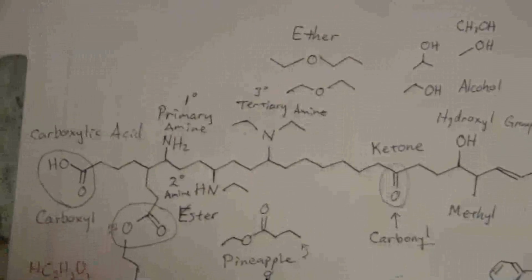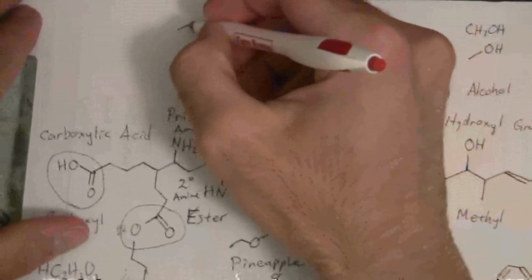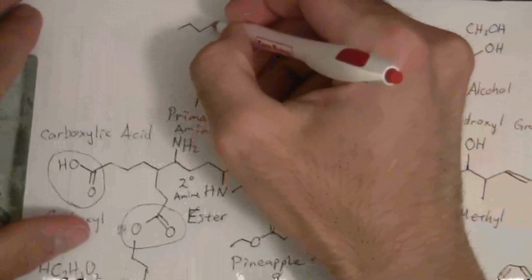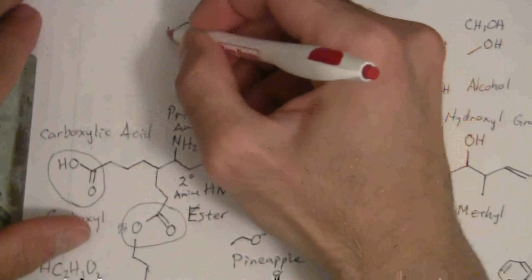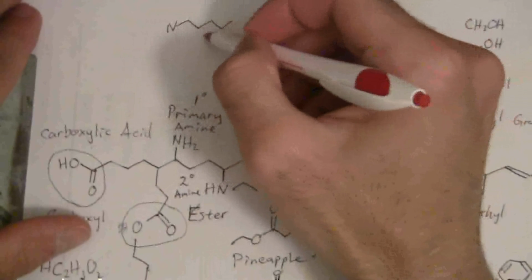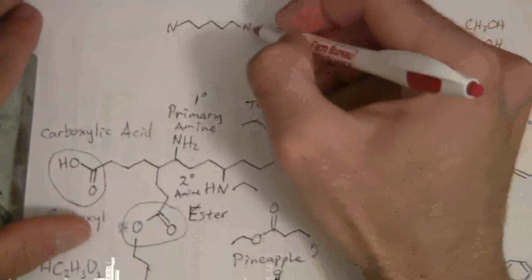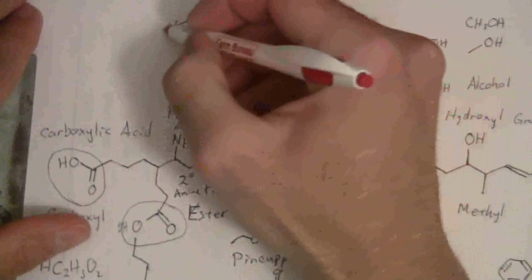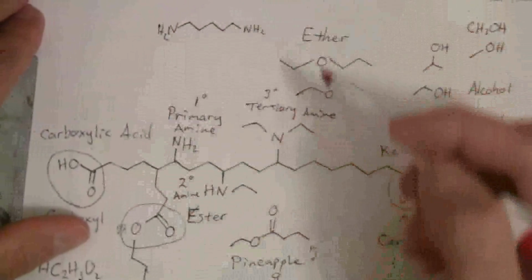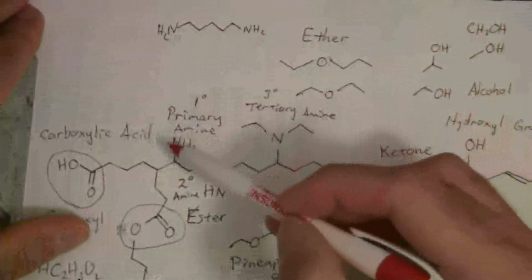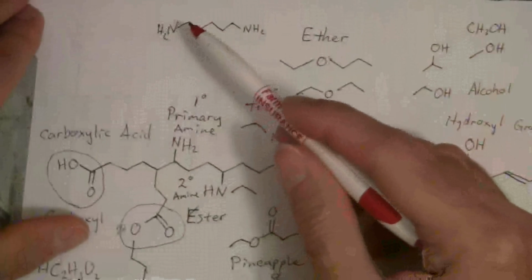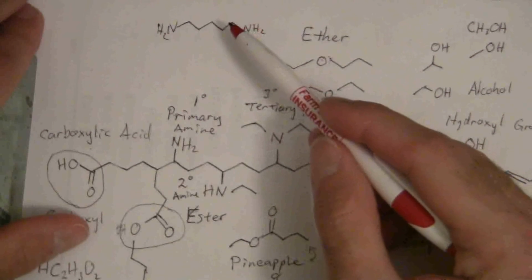For example, there is an amine, it's actually a diamine. If you have, let's see, a nitrogen here, and then 5 carbons, and then it's attached to another nitrogen. They're going to be primary amines. They are attached to only 1 carbon each.